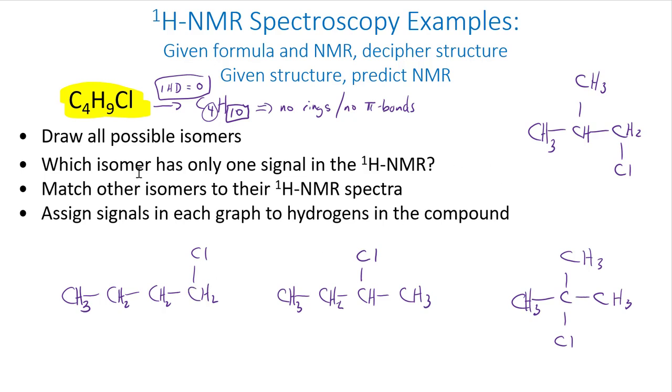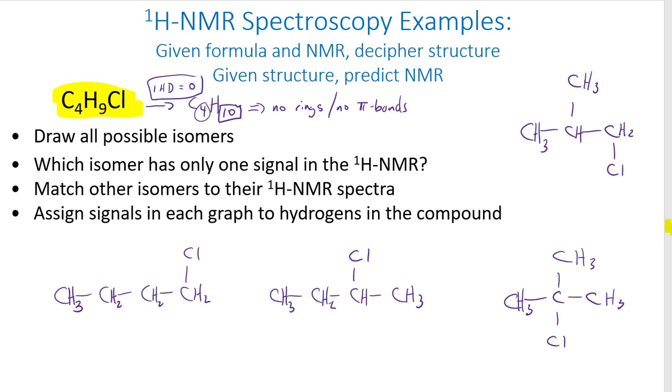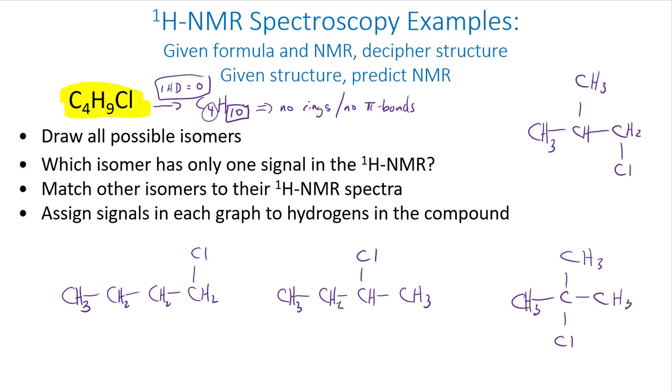And the next question, which isomer has only one signal in the NMR, is going to be the one with the highest degree of symmetry. And that is 2-chloro-2-methyl-propane, which has 3 methyl groups that are all carbons with 3 hydrogens attached to a center carbon that has 2 other methyls and a chlorine.